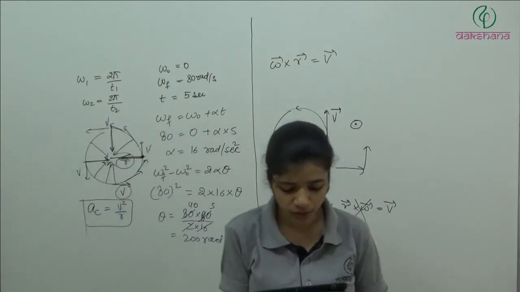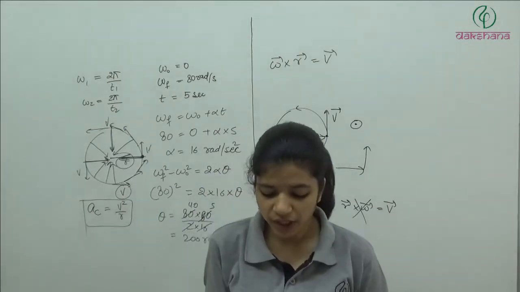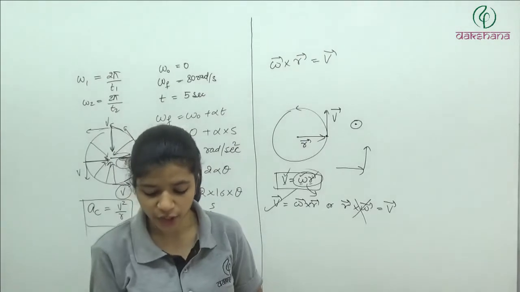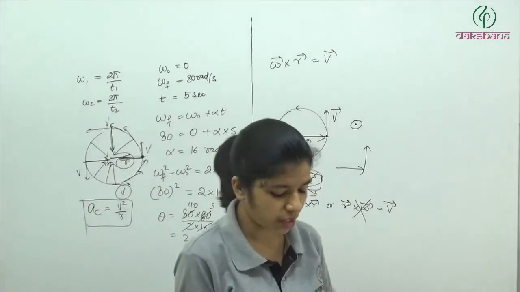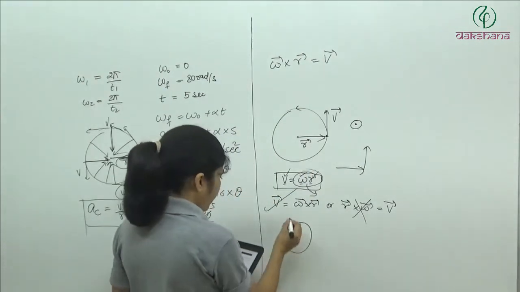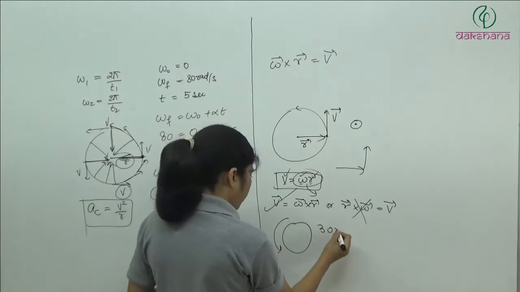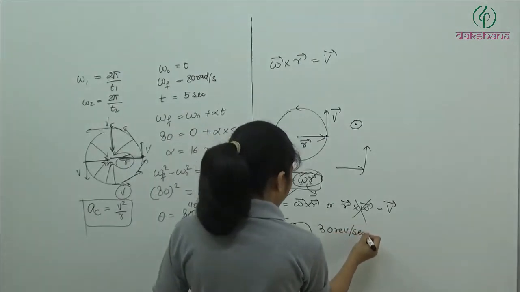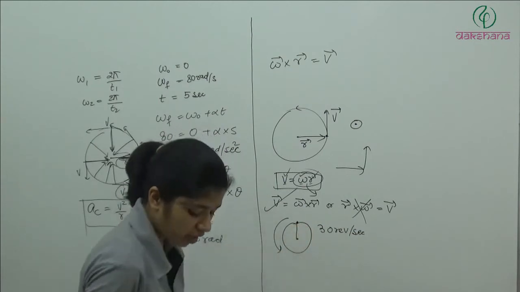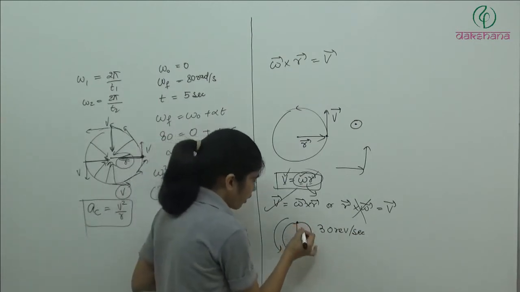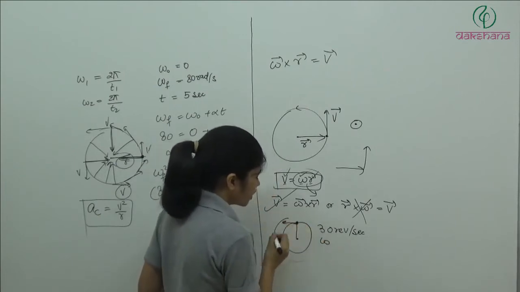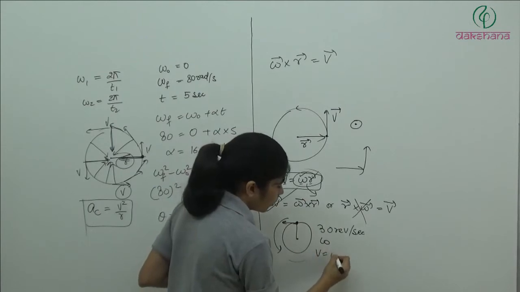Question number A5. A wheel is of diameter 1 meter. If it makes 30 revolution per second, then the linear speed of a point on its circumference will be. So here we have a wheel which is making 30 revolution per second. Clear? So this point, what we have done, that if it has angular velocity some omega, then at this point its tangential velocity will be v is equal to omega r.